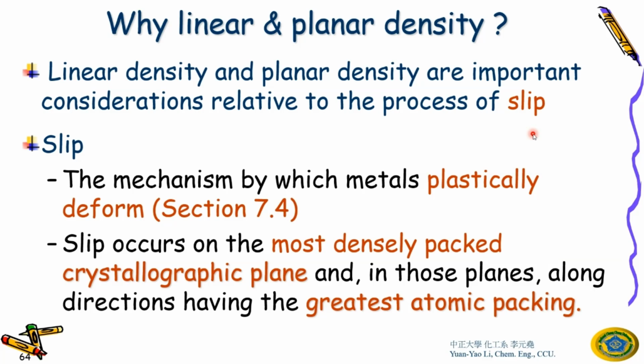So what does that mean? If you have the greatest atomic packing on this surface, between these planes, these are the highest close packed. So this plane is easy to slip, and this is related to planar density. Sorry, to the planar spacing, right? In the planar spacing. So this is called slip. Okay.